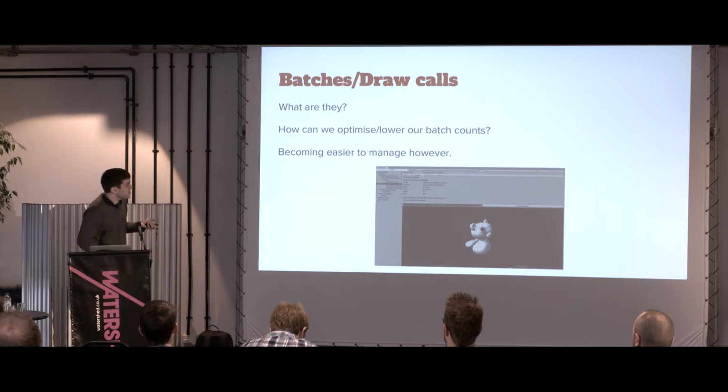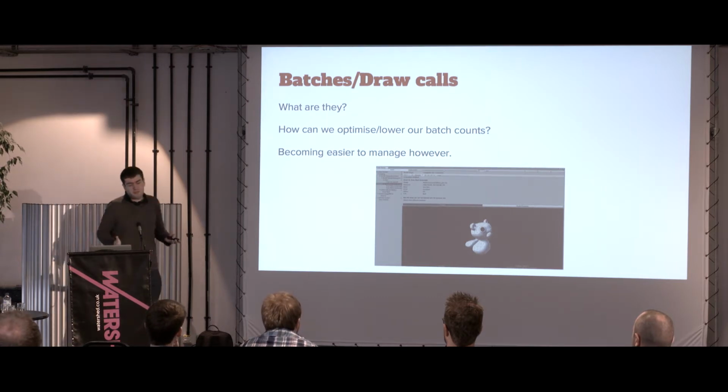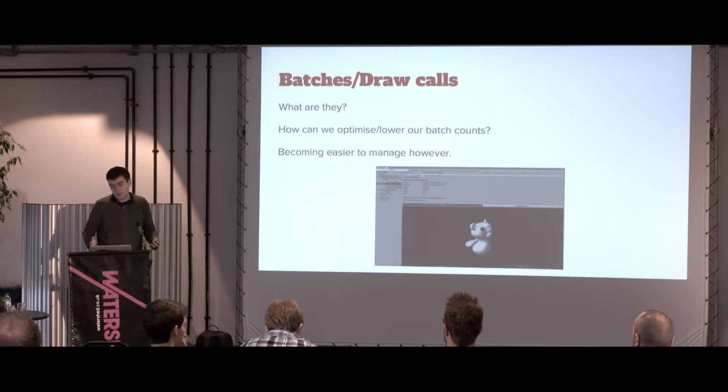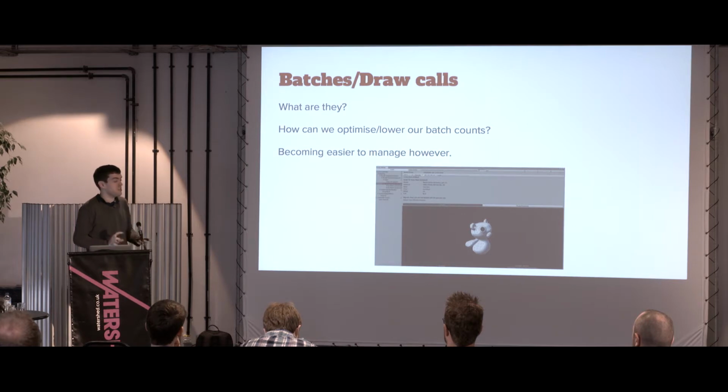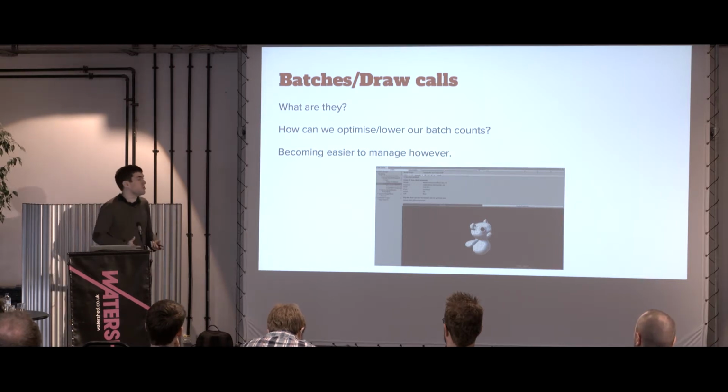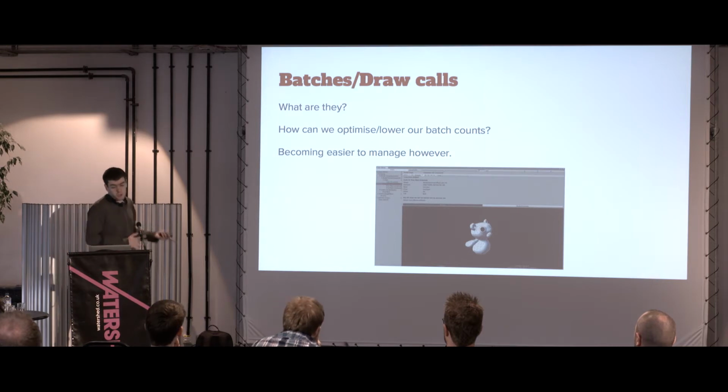And so yeah, there's a bunch of ways that these are handled in engines. For example, Unity has static and dynamic batching, which will basically group objects that should render the same and render them in a larger draw call essentially. And fortunately, today, they're becoming much easier to manage.